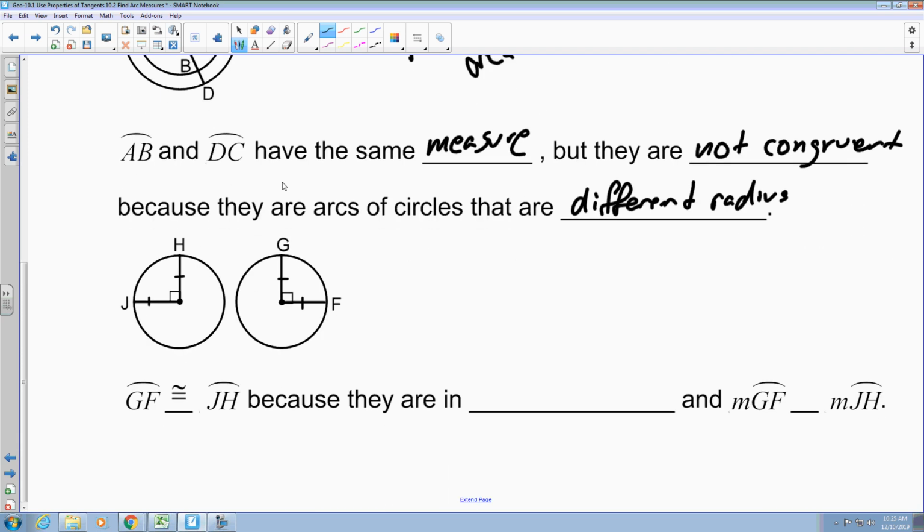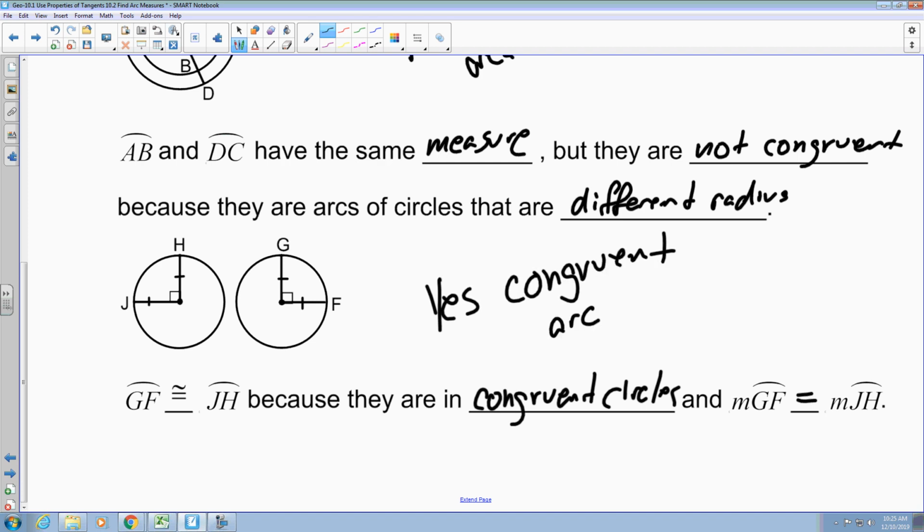Here we can say that arc GF is congruent to arc JH because they're both 90 degrees, and again they also happen to have the same radii, so they're congruent circles. So we can say that the measures are going to be equal, so yes, these two have congruent arcs.